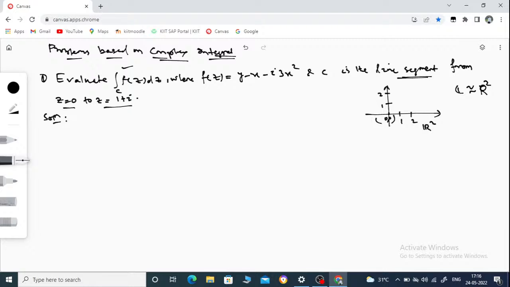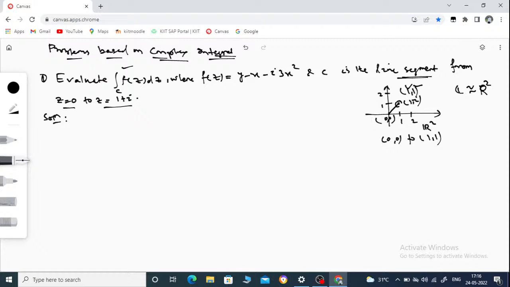So 1 plus i will be somewhere here, this is the point (1, 1). It is 1 unit from the real axis and 1 unit from the imaginary axis. So this goes from (0, 0) to (1, 1).